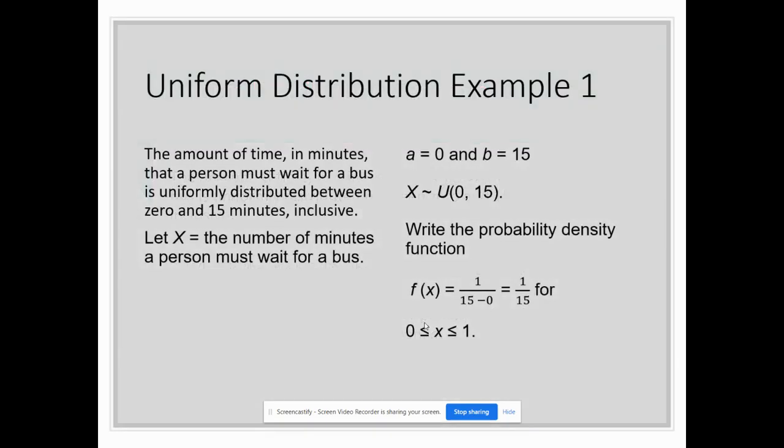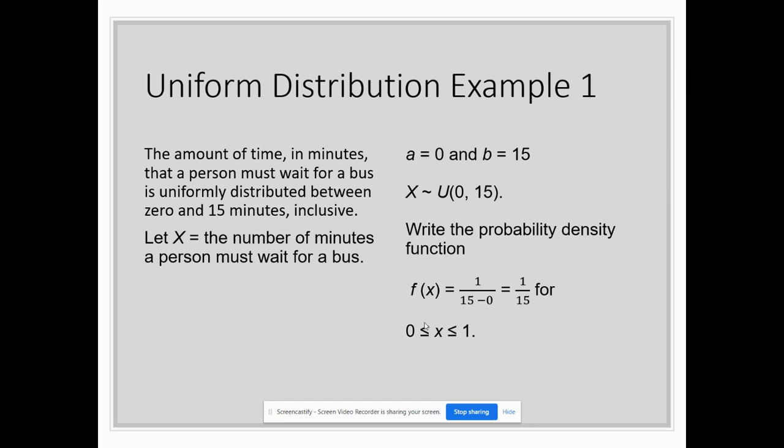The amount of time that a person must wait for a bus is uniform between 0 and 15 minutes. Let X be the number of minutes a person is waiting for the bus. A is 0 and B is 15. Remember, A's got to be the lowest value, B's got to be the highest value. So I can write it this way: the distribution approximates U between 0, 15.